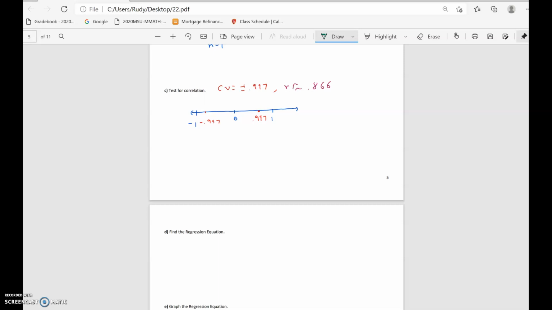So let me rewrite it. Since R, it's approximately 0.866, is in between the CVs of plus or minus 0.997.